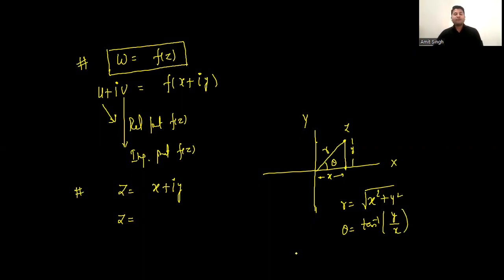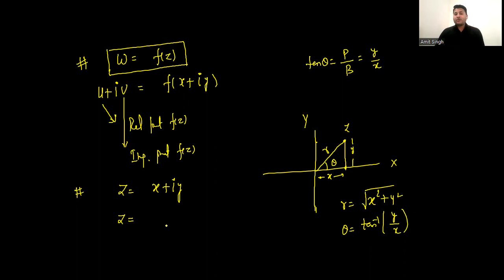Simply use the tan theta formula. Tan theta is perpendicular over base. Perpendicular here is y, base is x, so tan theta is y upon x. So we can find theta.